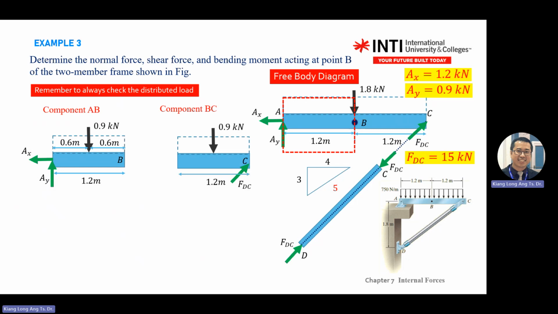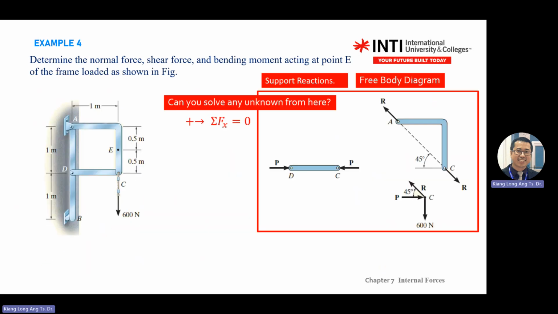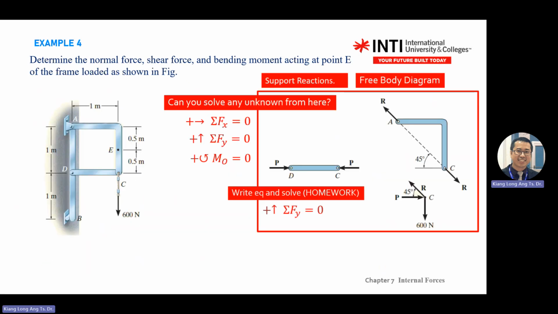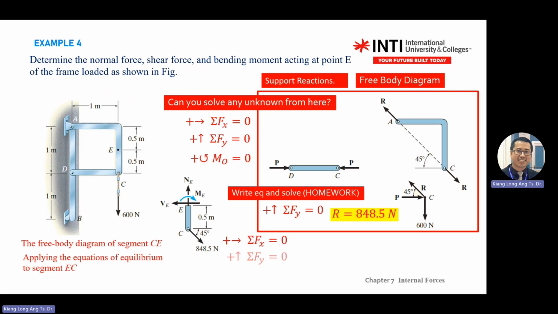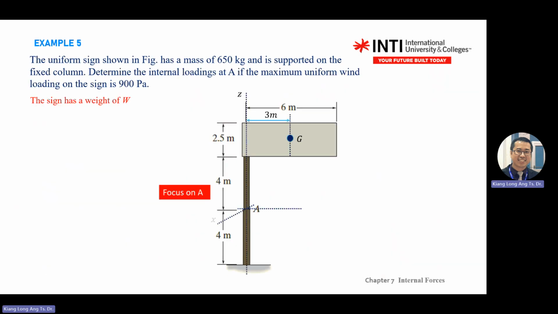So at the half of the distance, this also half the distance. Okay, go home, see this example. Example 4, also go and see. Example 4, very high chance will come in your test too. Example 4, example 5.